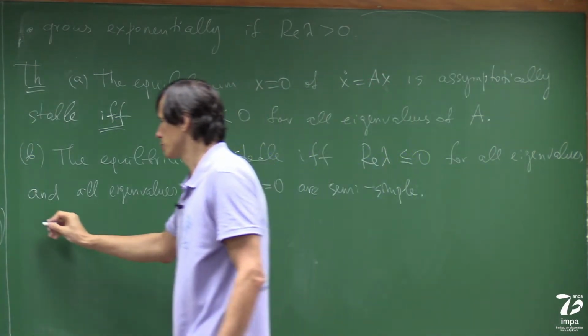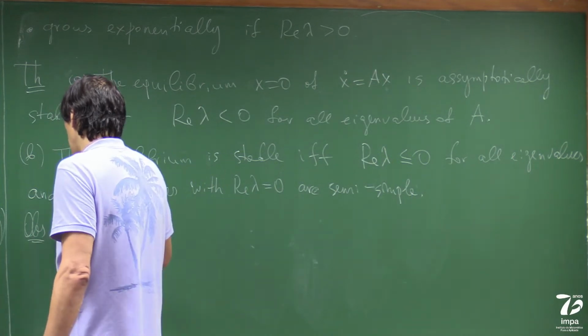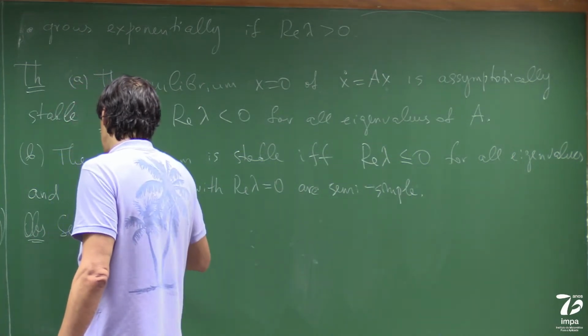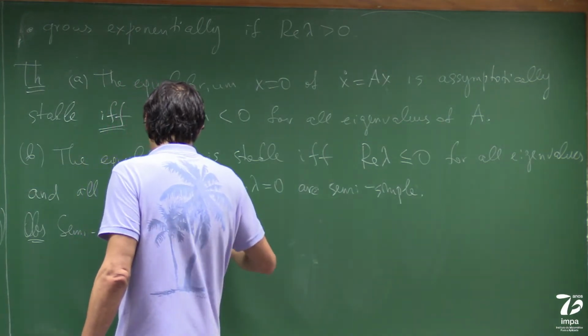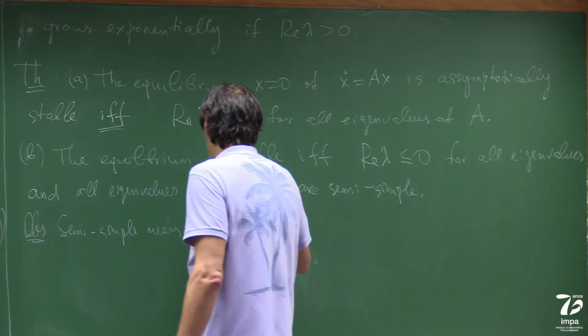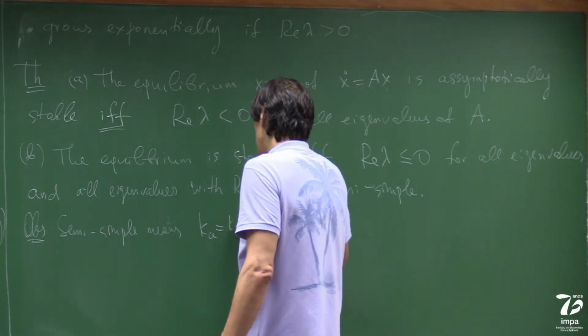So let's put an observation. Remember what semi-simple means. Semi-simple means that algebraic multiplicity is the same as geometric multiplicity.